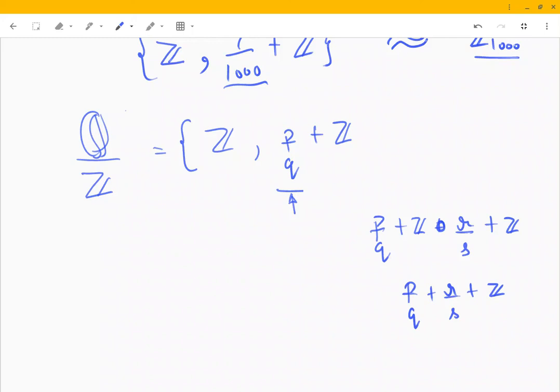This is the variancy. If we reverse the order and then operate, we will get R over S plus P over Q. And rationals are commutative over addition, even multiplication, right? So okay, this group is abelian, obviously not cyclic, because there is not one single element which can generate all the elements. And we already proved, right?